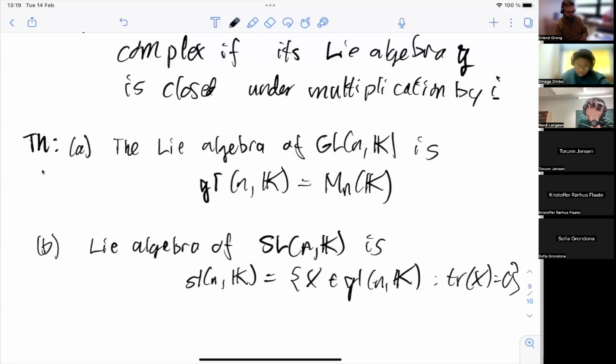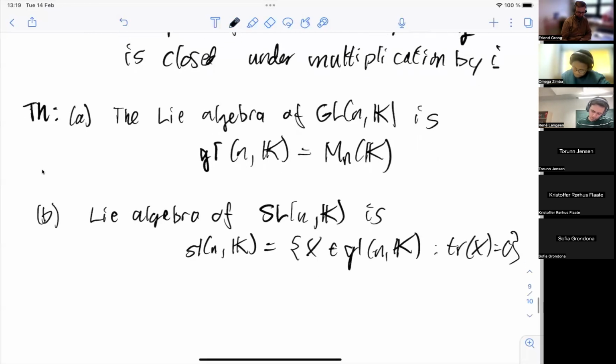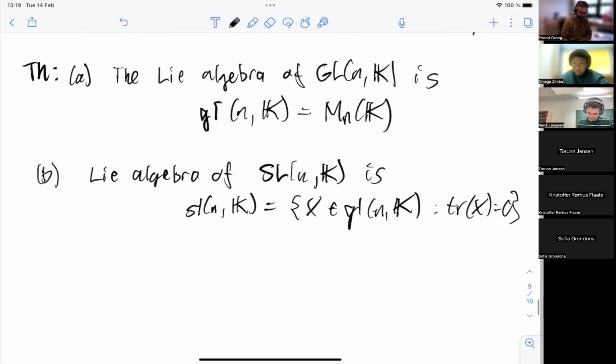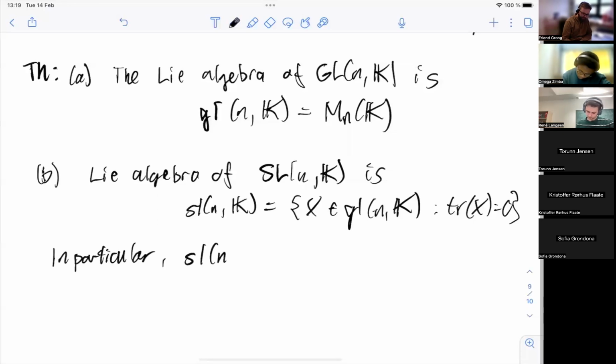So in other words, recall that the special linear group was all the matrices with determinant 1, and that corresponds to the Lie algebra having trace 0. And in particular, SL(n, C) is a complex Lie group.